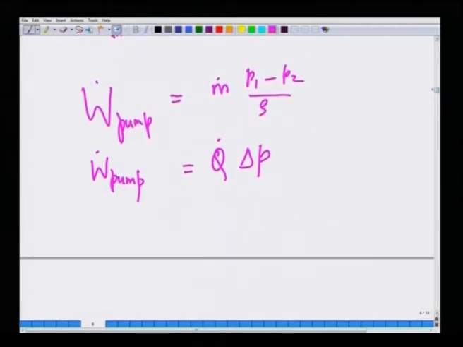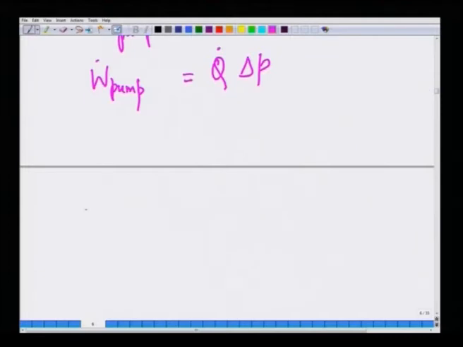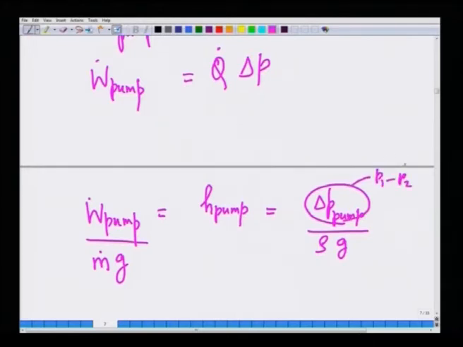Work must be done by the pump in order for the fluid to generate a pressure difference of delta P. Now, if we have this notation of heads, H pump is nothing but W dot pump divided by m dot times g, which is nothing but delta P pump by rho g, where delta P pump is the pressure difference P1 minus P2 across the pump.